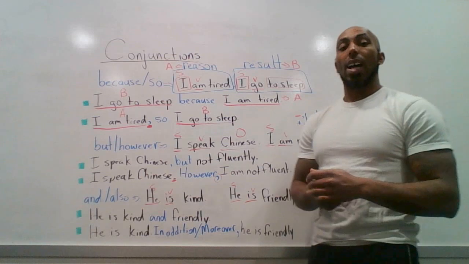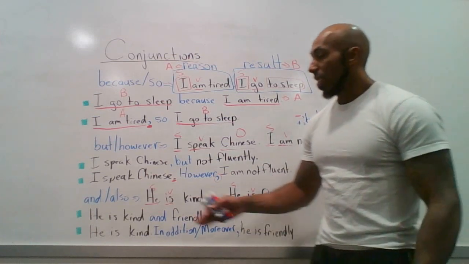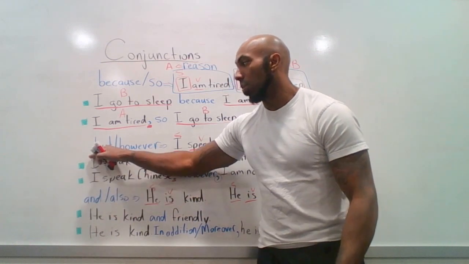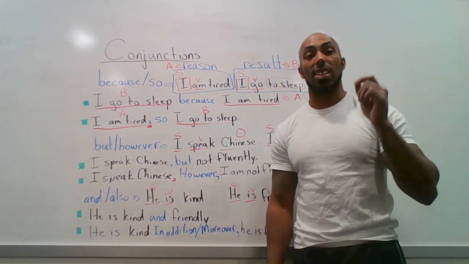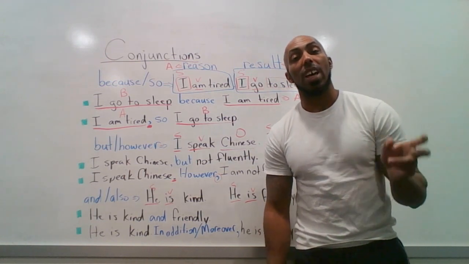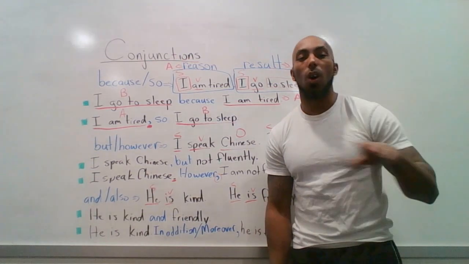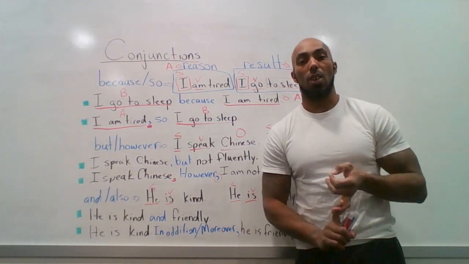Now, the reason that I wanted to use but and and is because you cannot start a sentence with but and you cannot start a sentence with and. And this is a mistake that I see students who speak or study English as a second language make all the time. They start sentences with but and and, which is not okay.